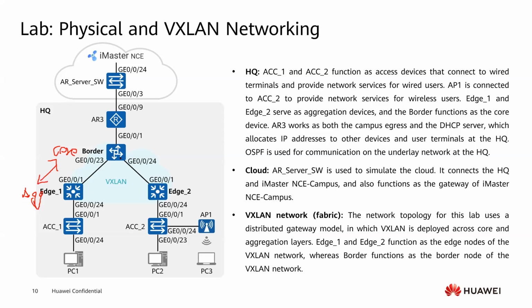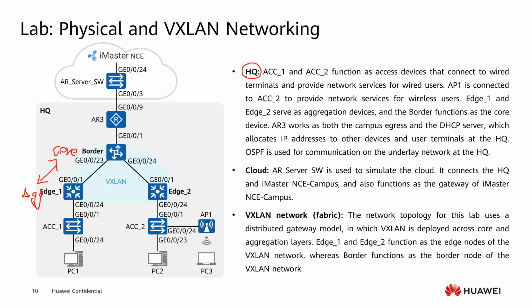This part is the VXLAN domain, and the two access devices are just access nodes for the network. So let's check the experiment network part by part.